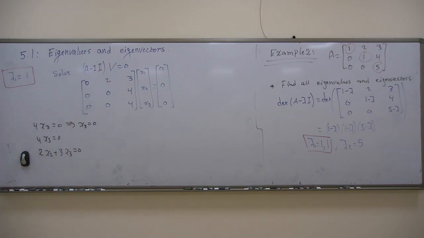So what are we getting here? We are getting x3 is 0, so x2 is 0, and in that case x1 is free.